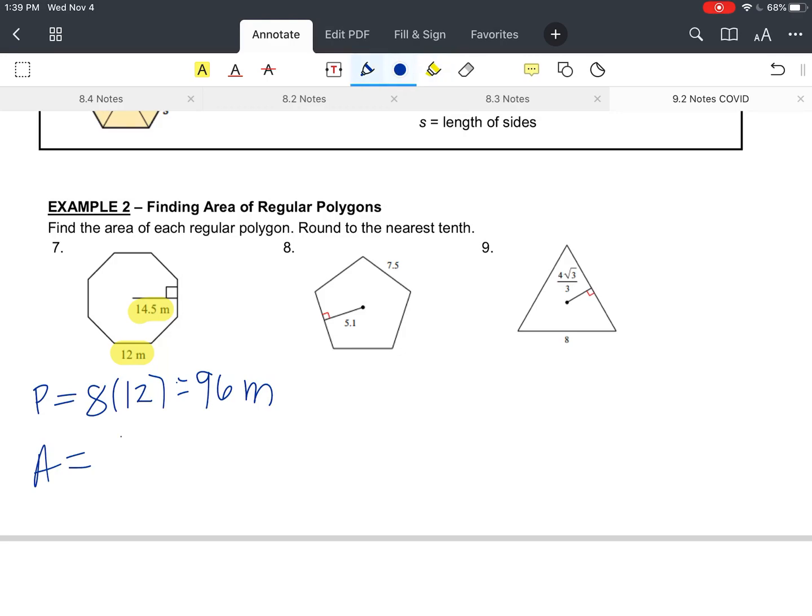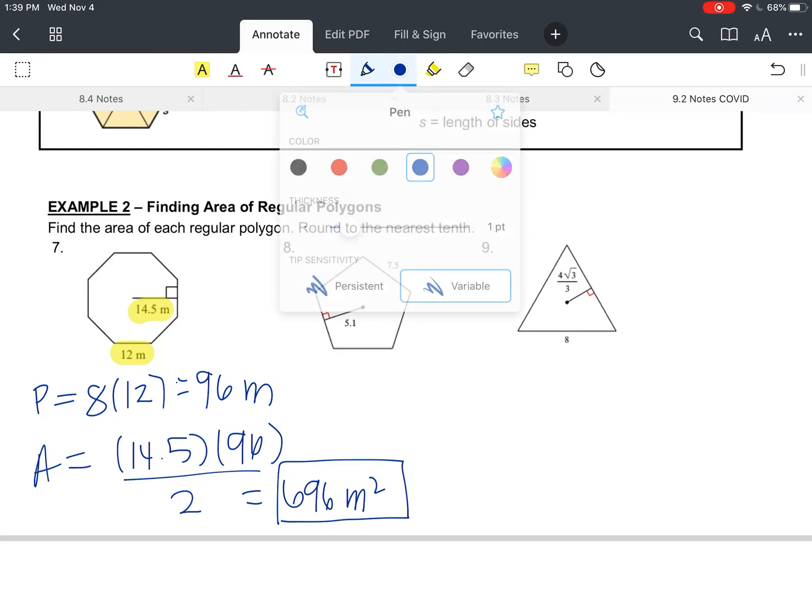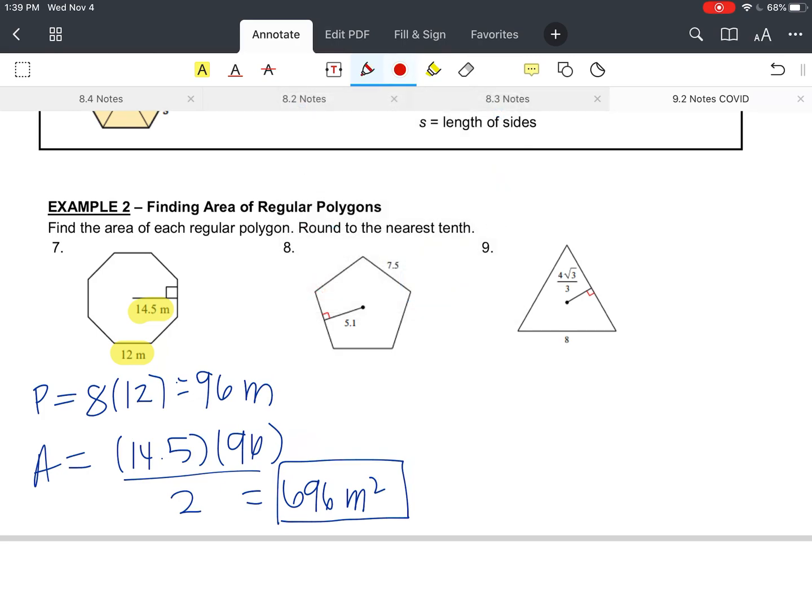To find the area now, it's 1/2 apothem. My apothem is 14.5, from the center to a right angle. So it's going to be 14.5 times my perimeter, which is 96, all divided by 2. That is 696 meters squared. And that's all you do.